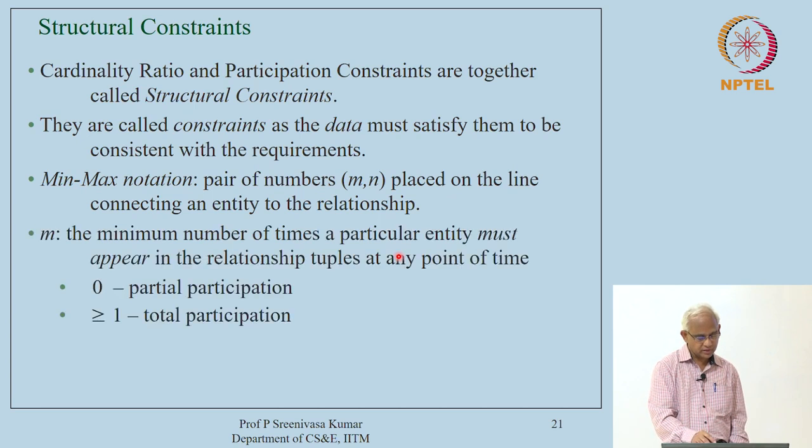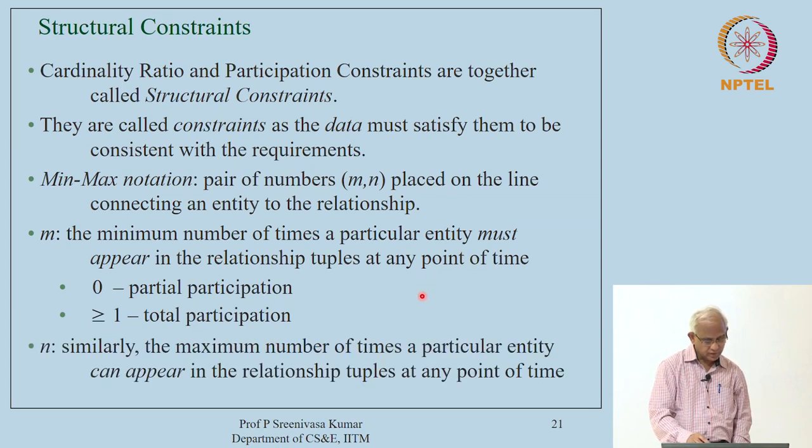The meaning is that m is the minimum number of times an entity must appear in the relationship tuples at any point of time, and n similarly is the max. So, min max: this is the min and that is the max.